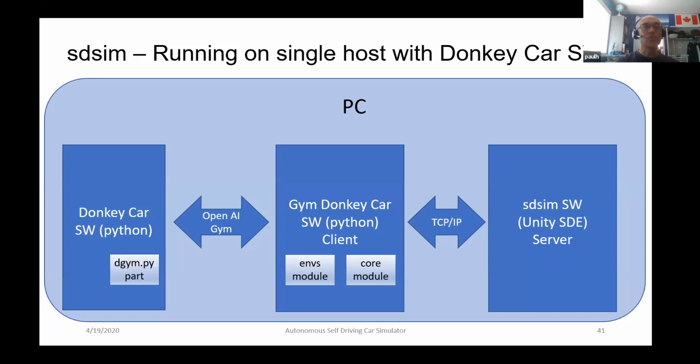Now, if you want to run a remote server or you want to fire up the simulator yourself, then you need to understand that as well. To do that, don't give it the path, because if you give it the path, it will automatically try to fire up that executable. So now you don't give it a path, and now you have to give it the host where the server resides.